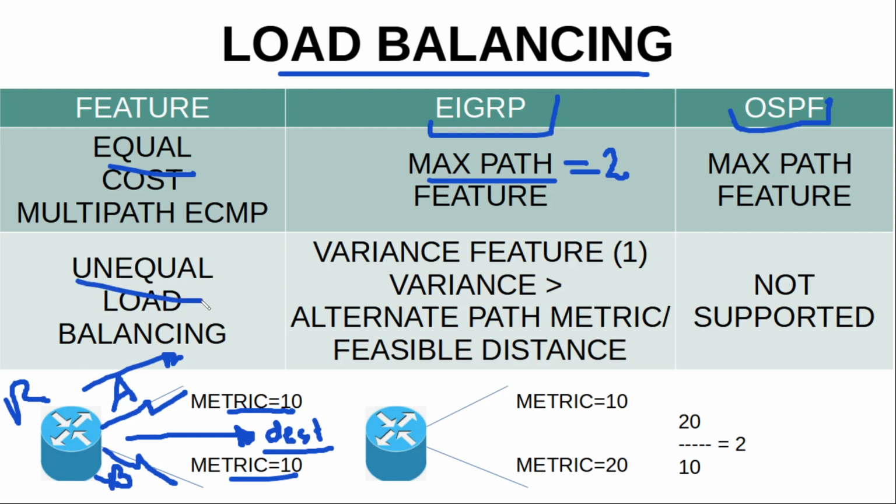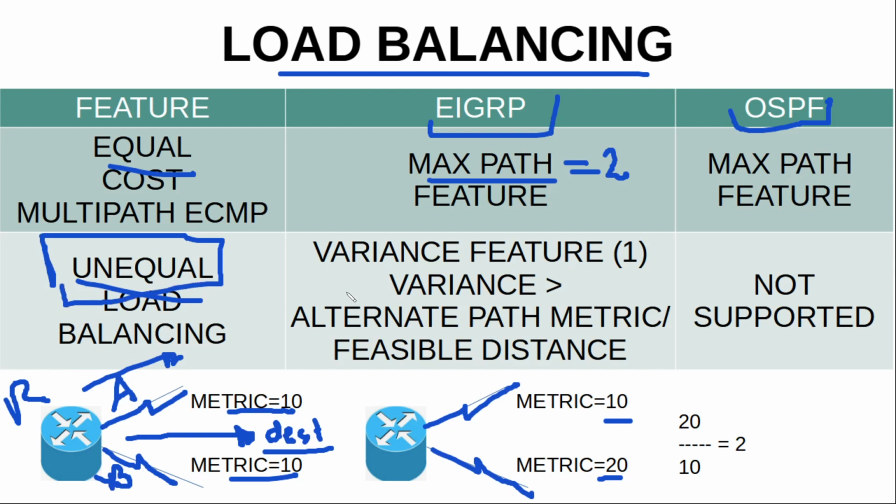Unequal load balancing involves doing the same but for links that have different metrics. With EIGRP calculations, it is really difficult to have two links with the same metric. That is why Cisco designed EIGRP to support unequal load balancing.